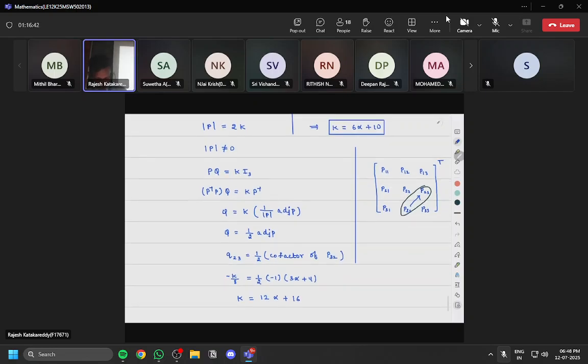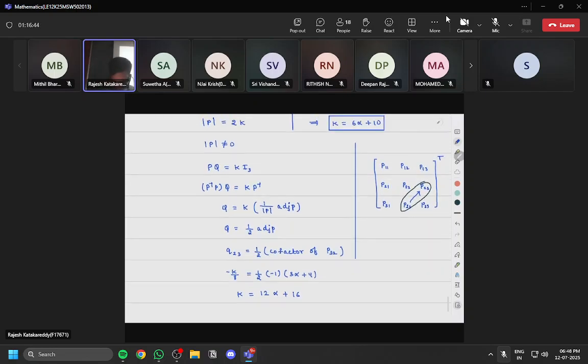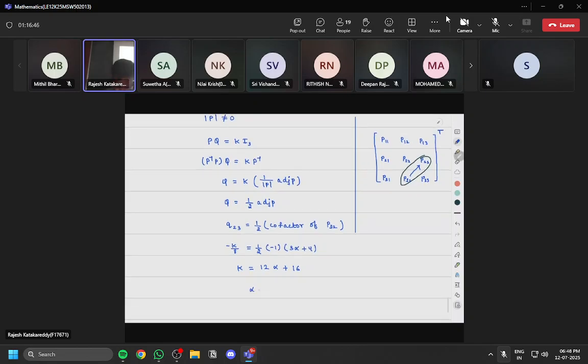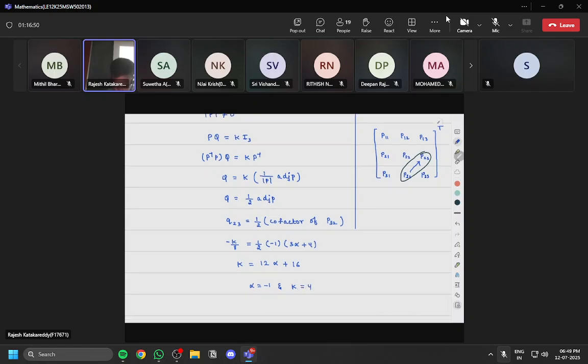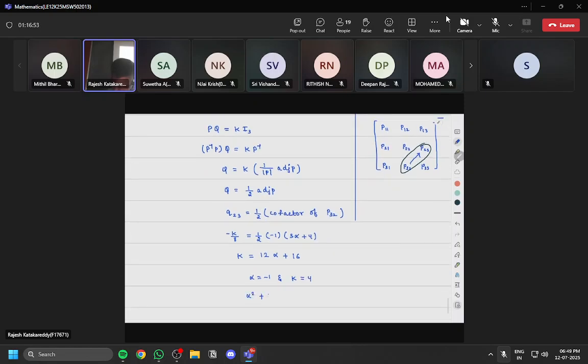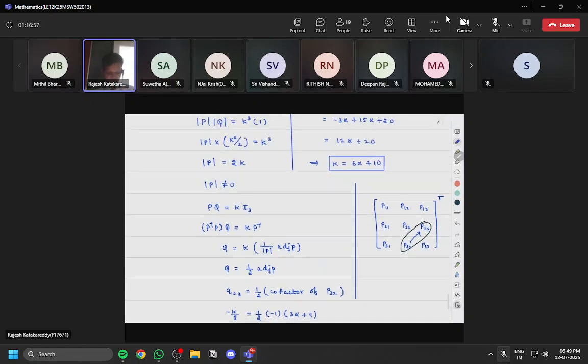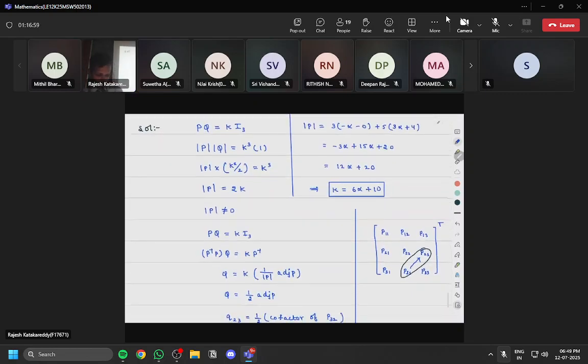So using these two equations, we get alpha equals minus 1, K equals 4. So alpha square plus K square is equal to 70. Any doubts in the slide? If no doubts, anybody writing this slide, please write fast.